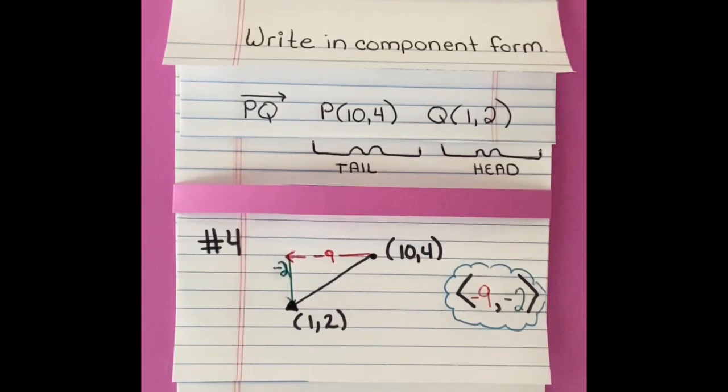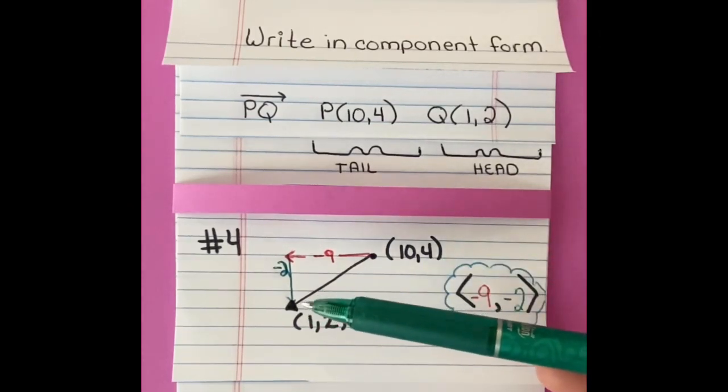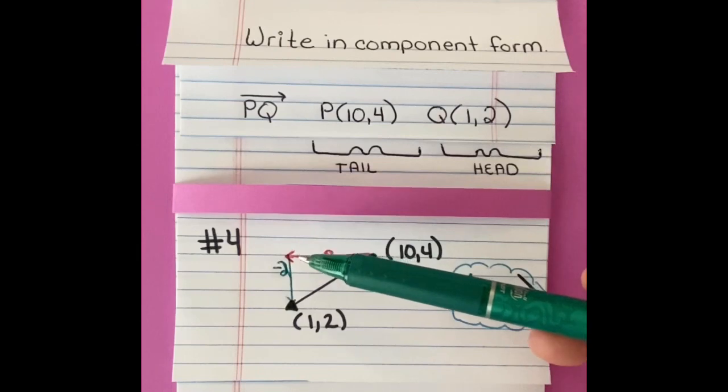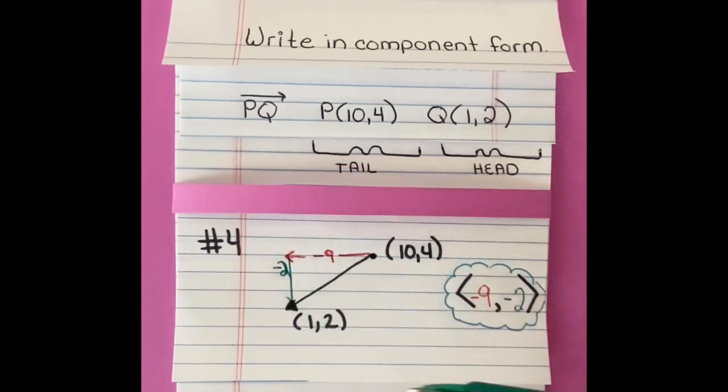To write vector PQ in component form, I graphed the tail first, (10, 4), then the head, (1, 2). To move from the tail to the head, I must move left 9, down 2. So in component form, we have <-9, -2>.